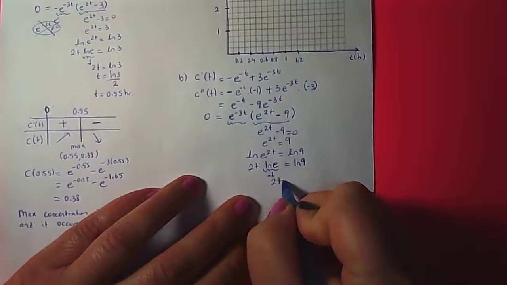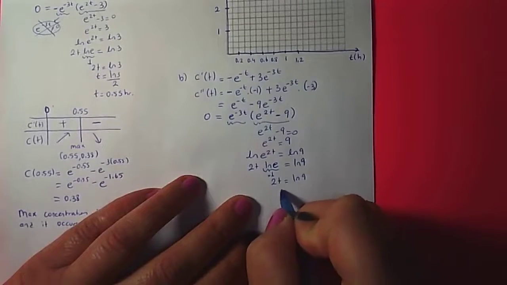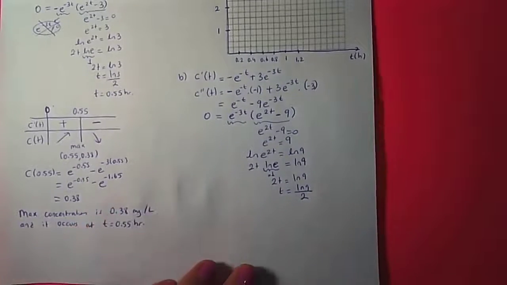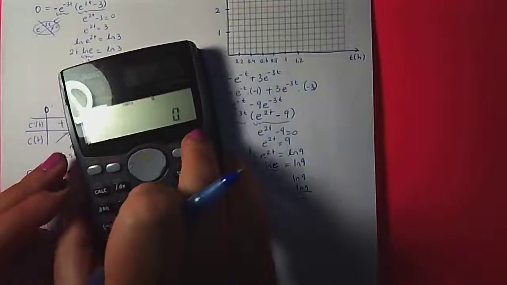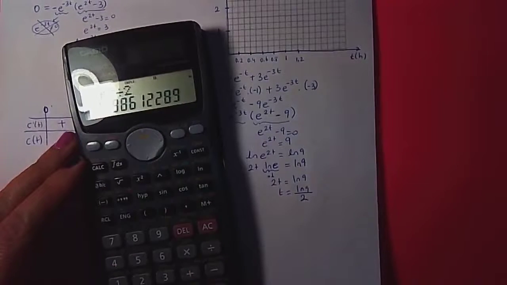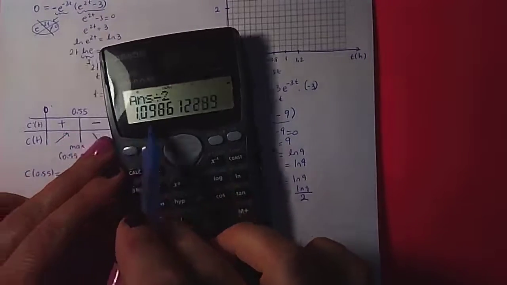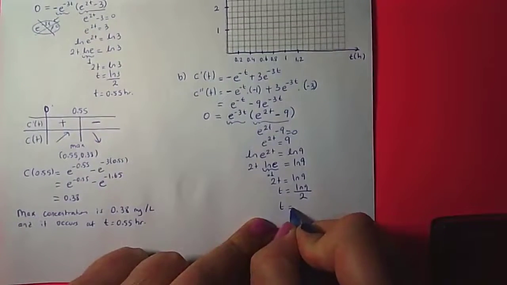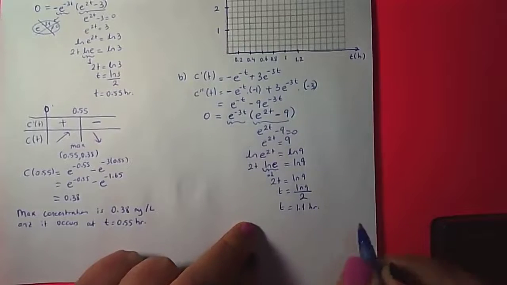So we get 2t equals ln 9. t equals ln 9 over 2. So let's calculate the decimal value for it. ln 9 over 2 gives us approximately 1.1. So t equals 1.1 hours.